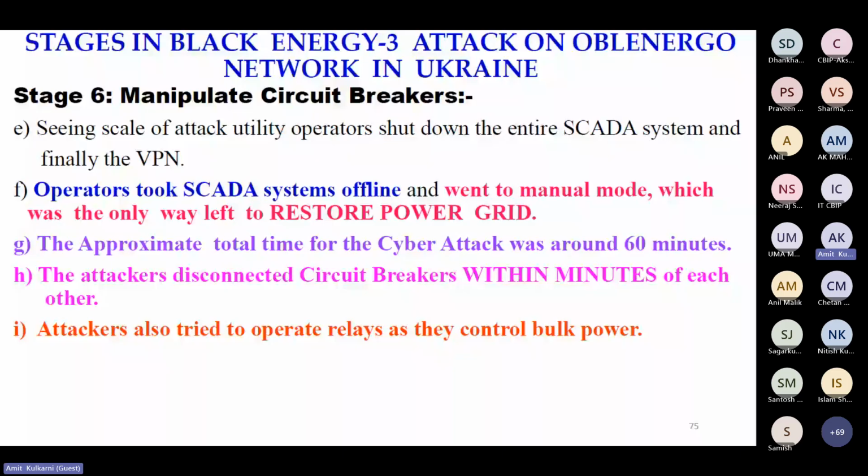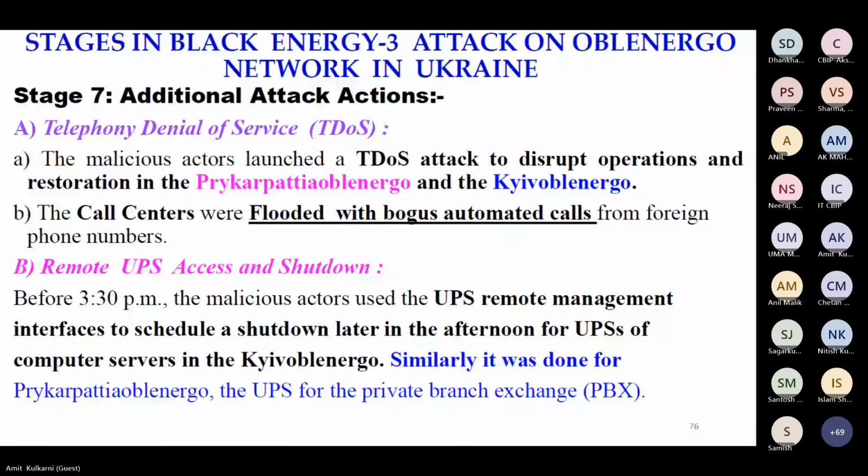In the second stage, many calls were flooded to the call center, posing as calls to be attended by the operators and leaving actual genuine calls neglected. So call center operations stalled.